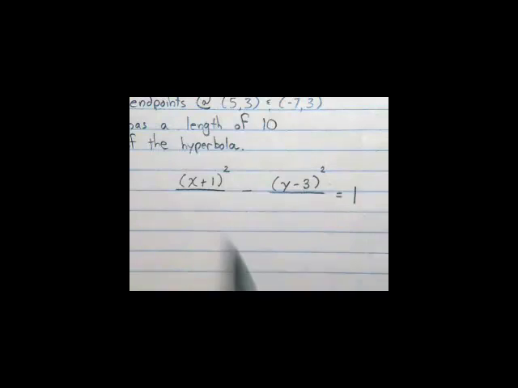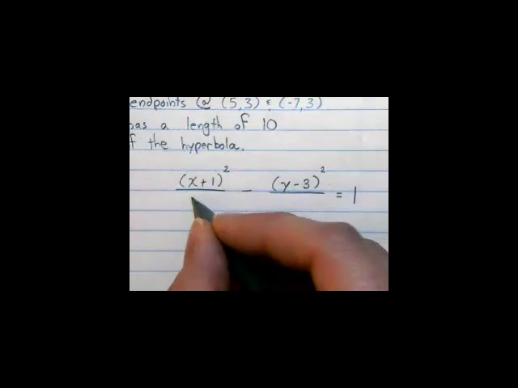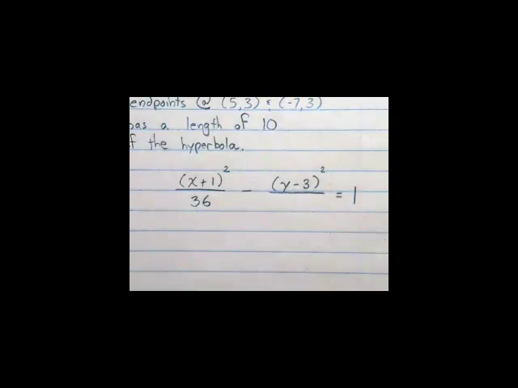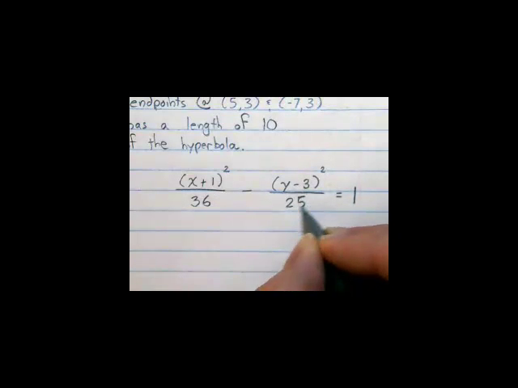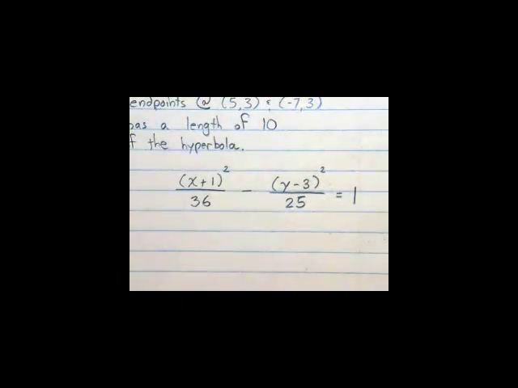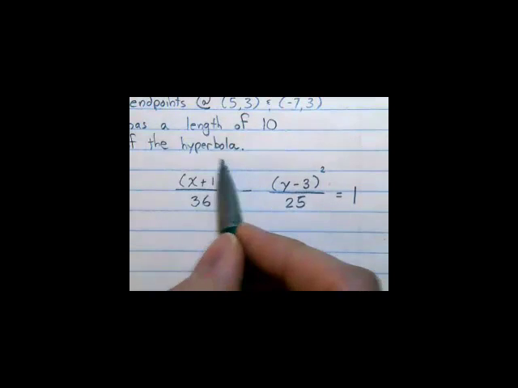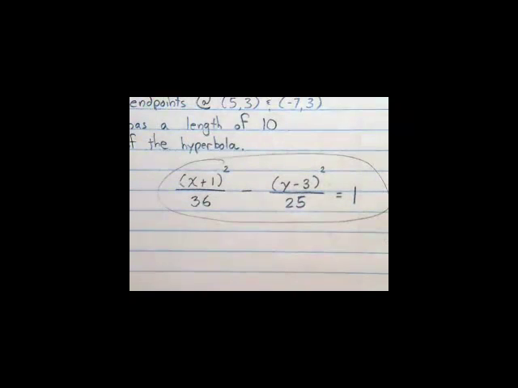And so then, remember with hyperbolas, the a is always first, right? So our a squared would be 36, and the b squared, 25. Got it. Okay, so does that process make sense? Okay, doing kind of the same thing we were doing at the end of class yesterday, just threw in some transverse conjugate axis lingo in there as well, but still all kind of the same stuff. All right.